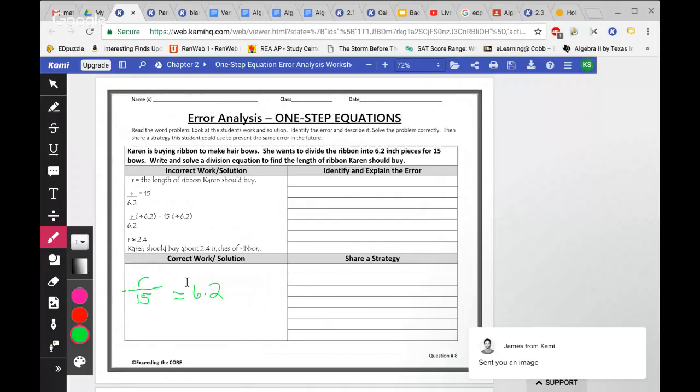So you would multiply this side by 15 and this side by 15, which would be 93. Oh, okay.